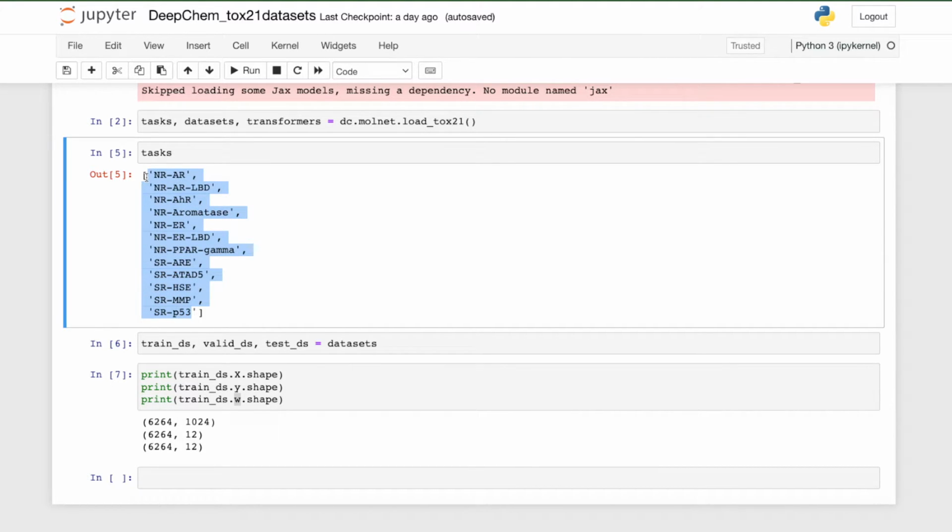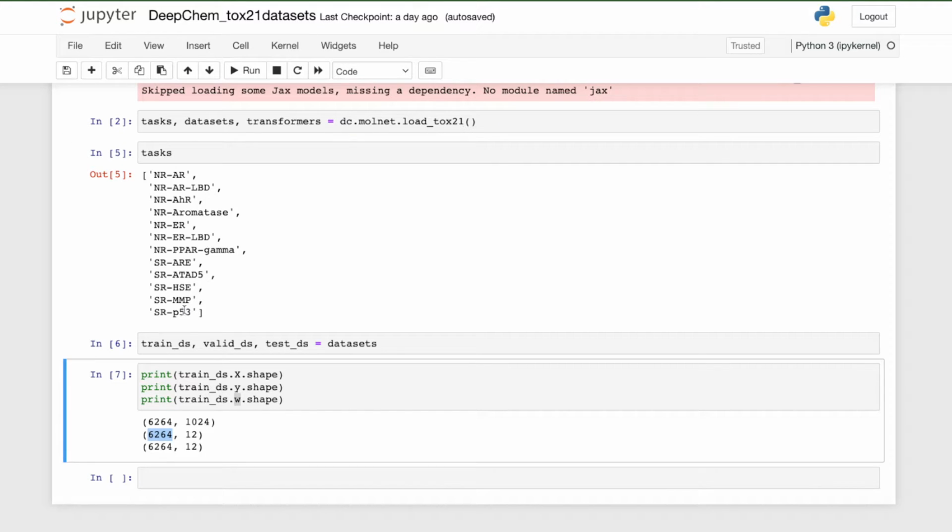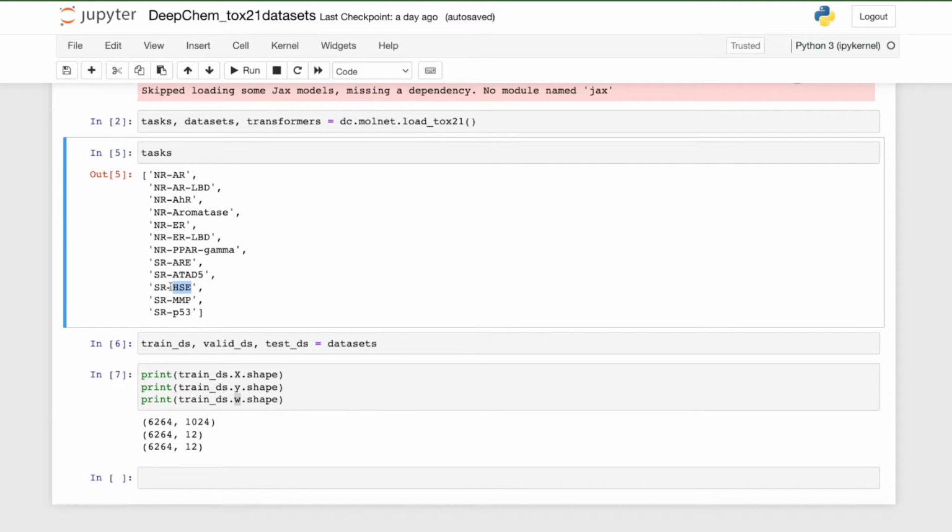So some of the data was empty, but you cannot leave it empty. So what they did was put a bunch of zeros in there. If out of 6,264 molecules some of them are not tested against some of the targets, then we don't want to consider those. So the weight is there as well to take care of this.